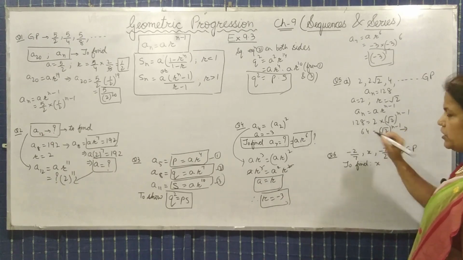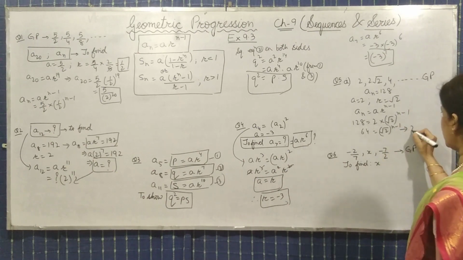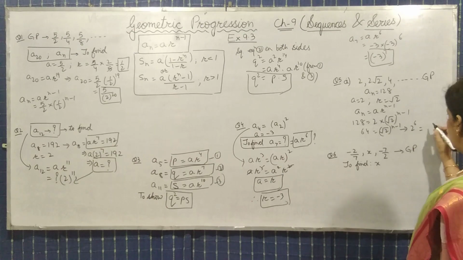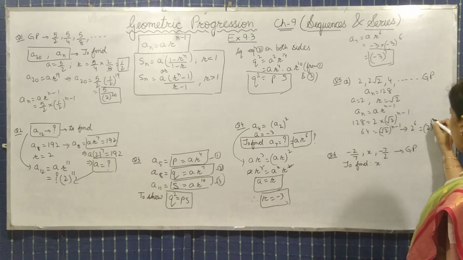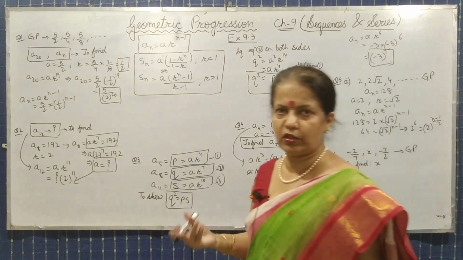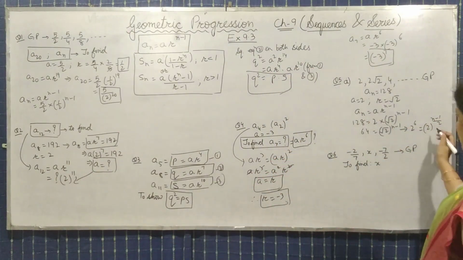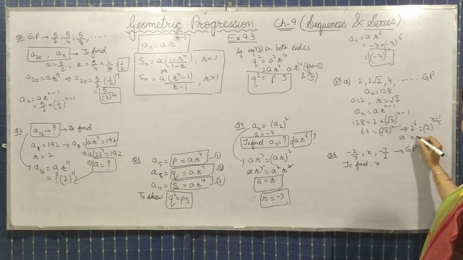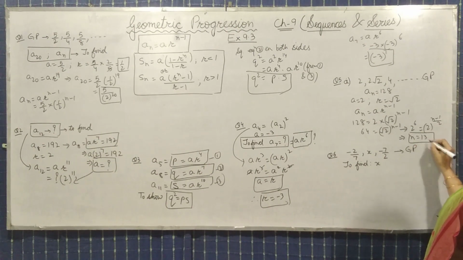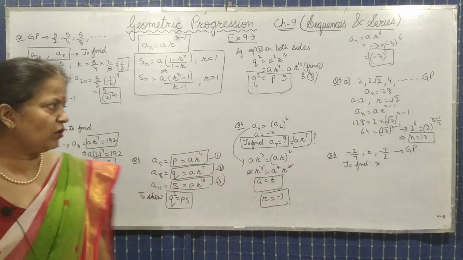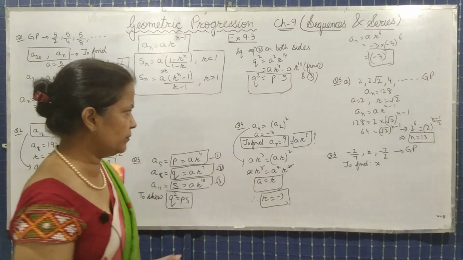From here, 64 is 2 power 6, and if you have to write this also in 2 power, how will you write it? 2 power (n minus 1) upon 2. Root 2 we have changed in the form of 2. So bases are same. You can equate the power, and after solving it, you will get n as 13.